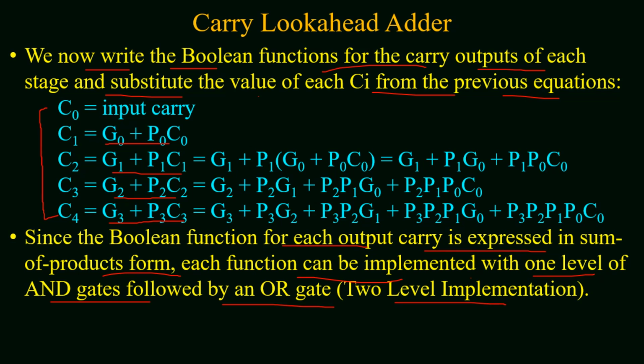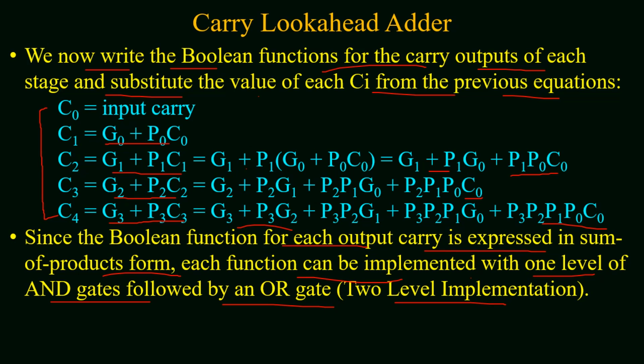Now the important thing to note is that the equations of C1, C2, C3 and C4 are all dependent on carry propagate, carry generate and the input carry, where the carry propagate and carry generate are calculated with the help of the input bits, so this information is available, and the input carry is applied to the adder, so this information is also available.